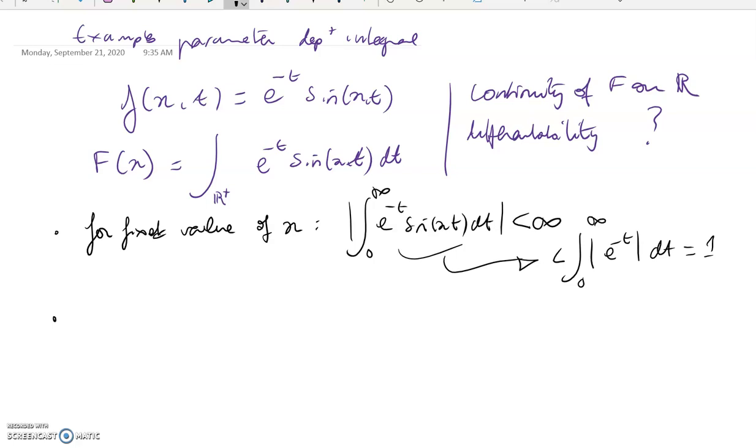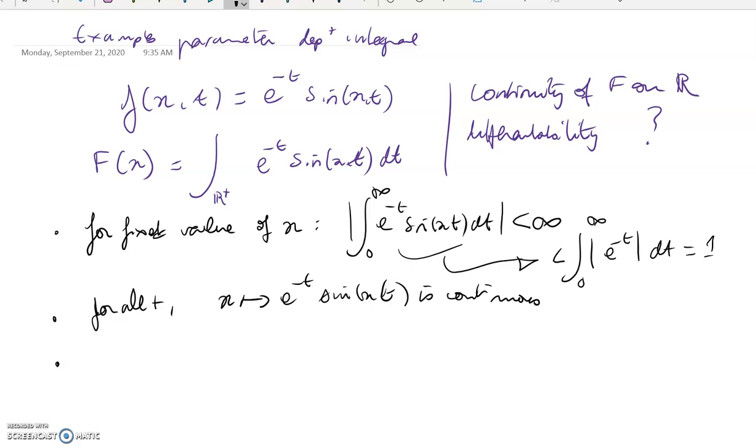Do I have, for all t, that the function x maps to e to the minus t sine of xt is continuous? Yes, indeed, because I'm just composing and multiplying continuous functions.